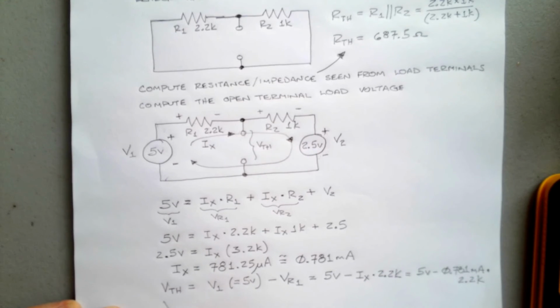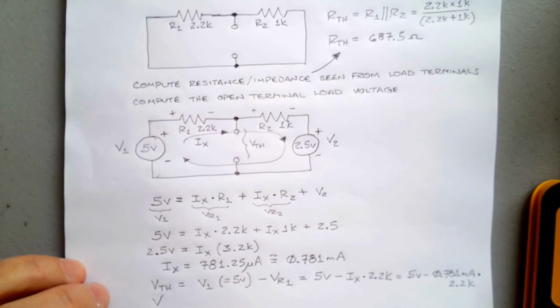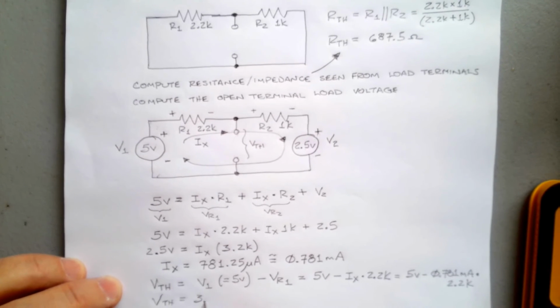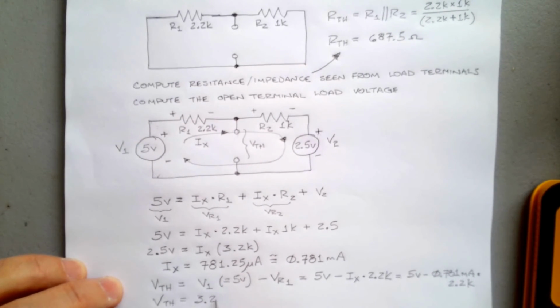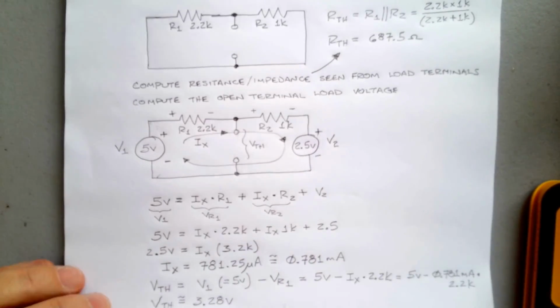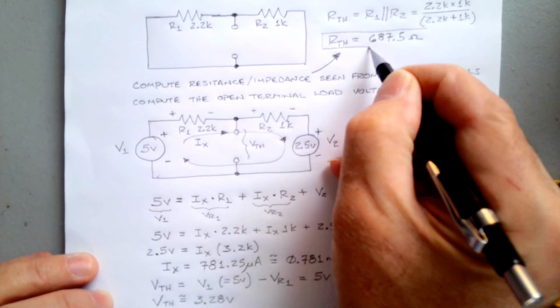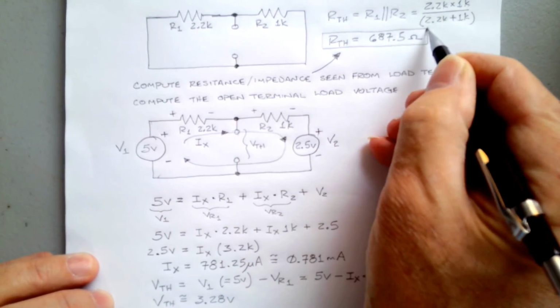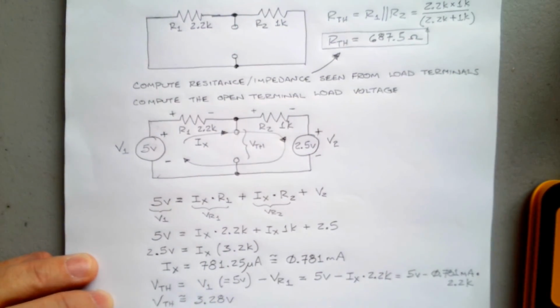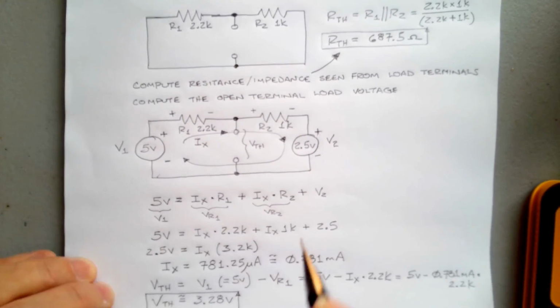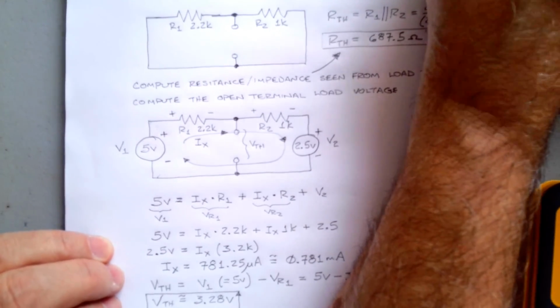3.28 is good enough for what we're going to do. So we can say that VTH is equal to 3.28 volts, or approximately equal to that. And so we have our TH up here, and we have VTH here.